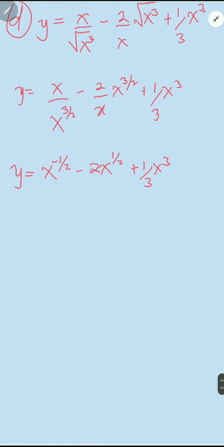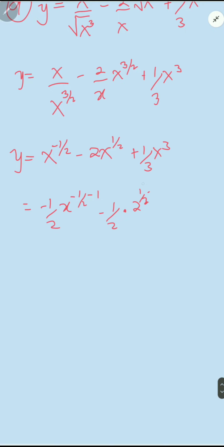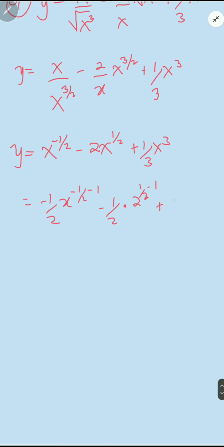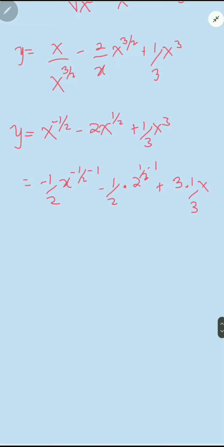So what we do next is we're going to bring this the other side, so it will be negative half divided by x to the power negative half minus 1, then minus half to multiply with the 2, say half minus 1. Then we say plus the 3 will come and multiply with the 1 over 3, then say x to the power 3 minus 1.